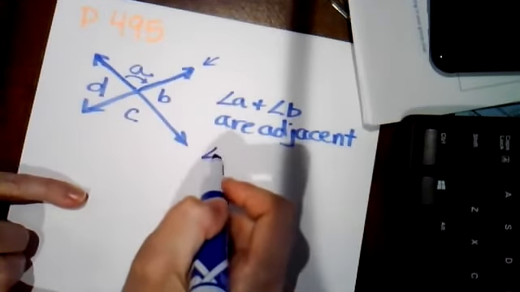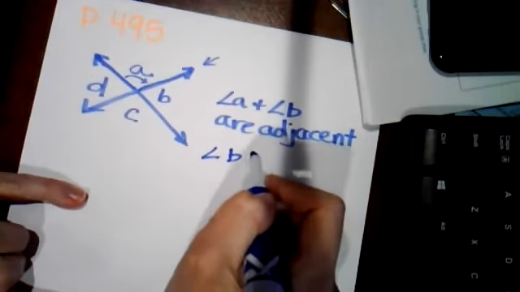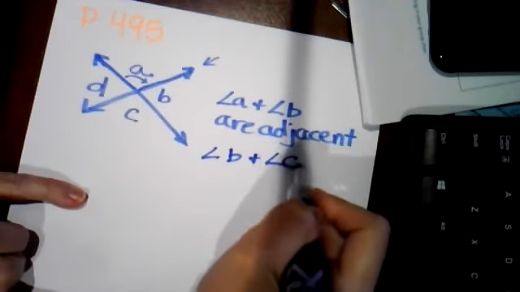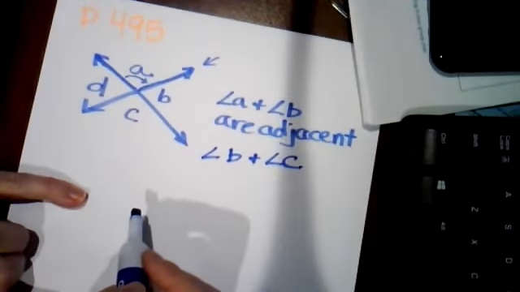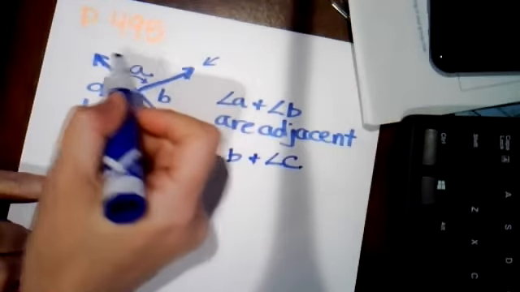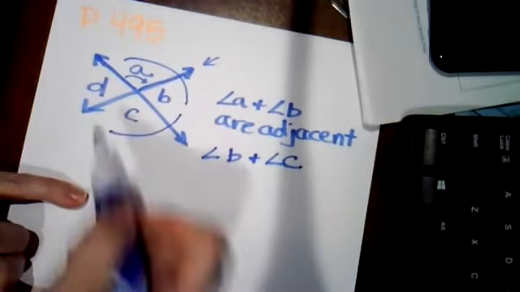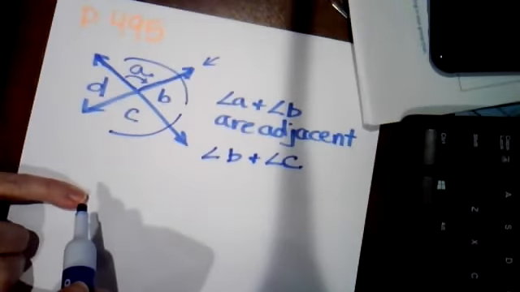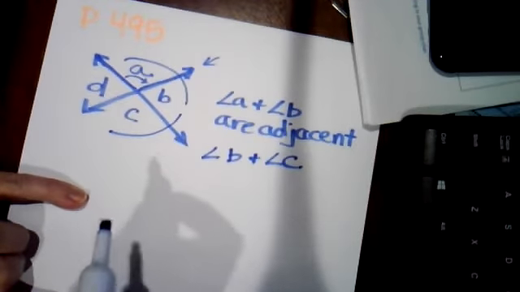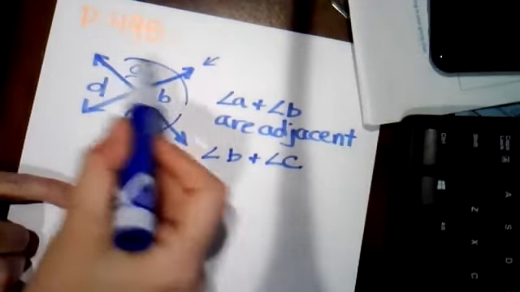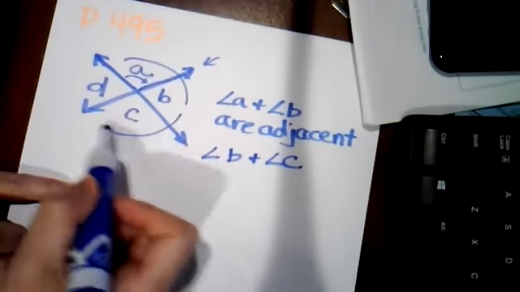What's another pair? Angle B and angle C are also adjacent. Okay, so this is one pair, this is a second pair, and we're going to keep on going. You're going to figure out the rest, but this is one pair, this is another pair.